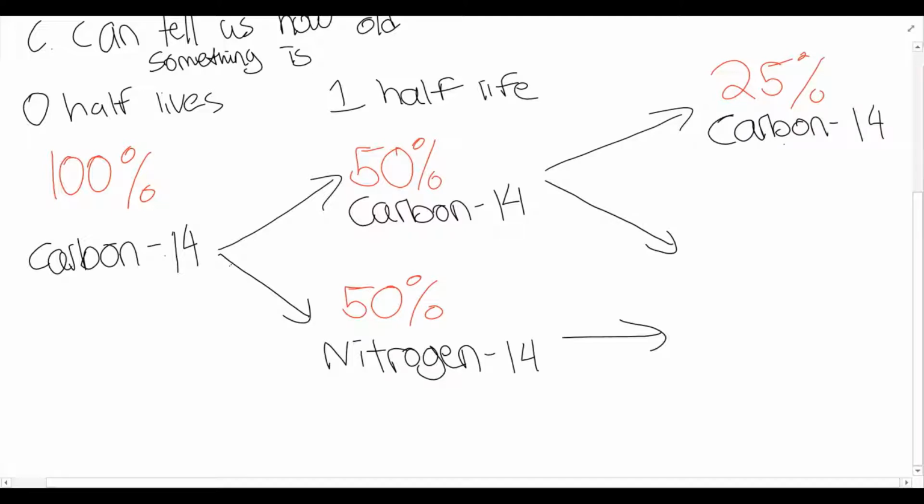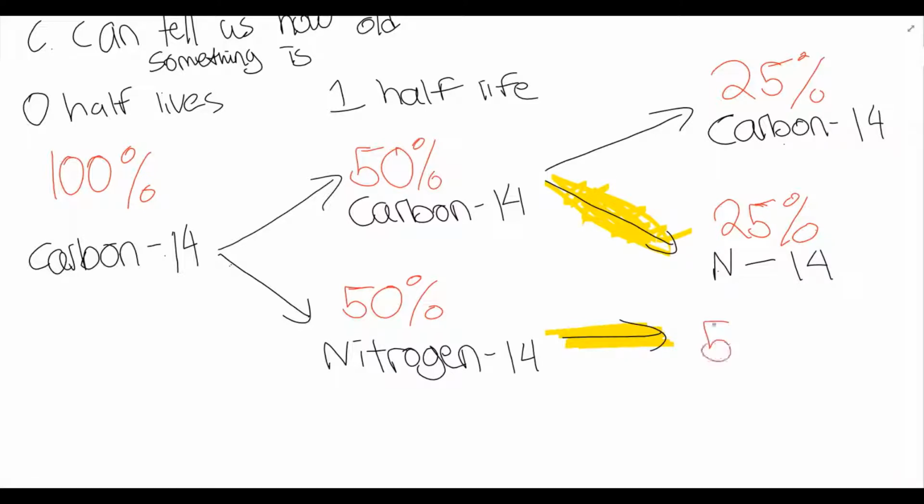So now this arm right here represents 25%, because it's also 25%. And this was 50. So how much nitrogen do we have left? Well, we have 25% nitrogen-14 from here, but here we have 50% nitrogen-14.